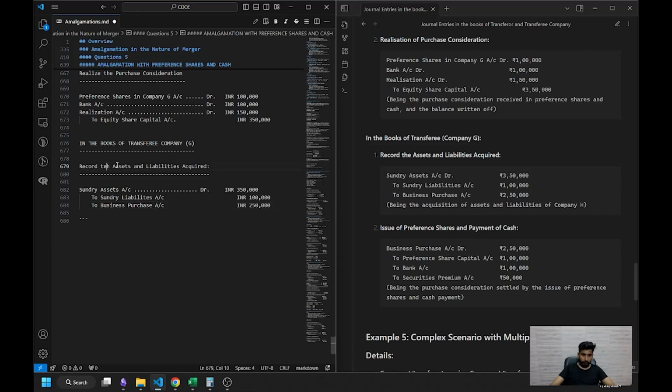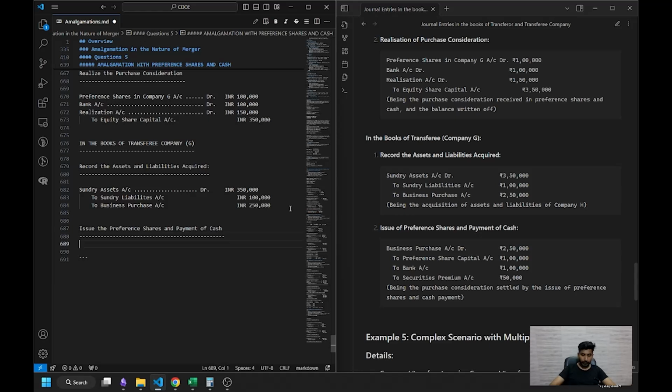After you have got the amount of the business purchase, make the payment of cash and issue the preference shares.